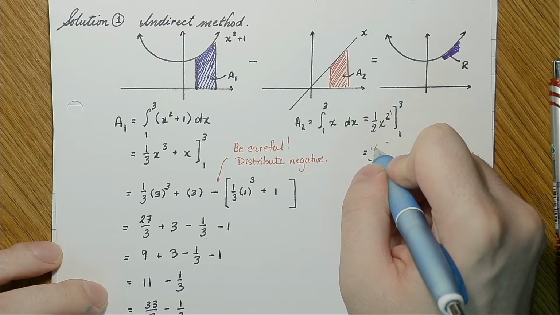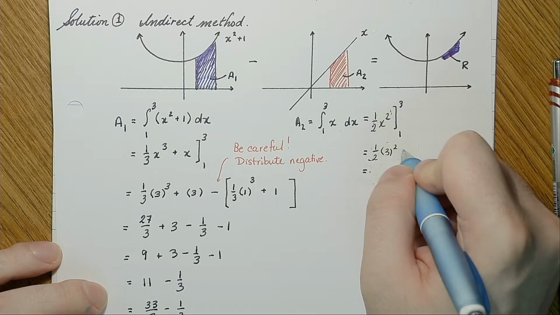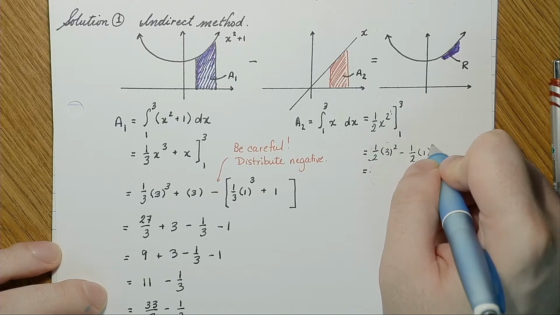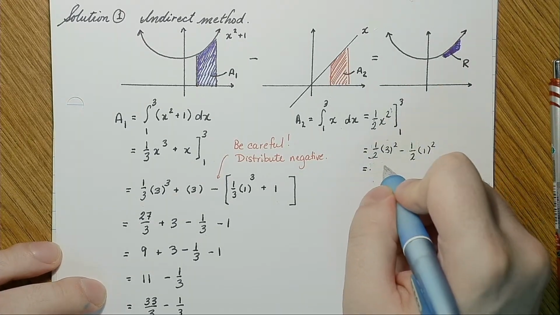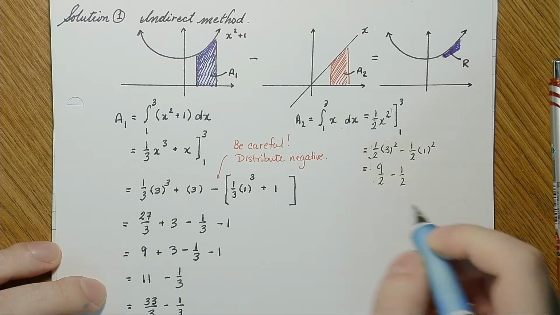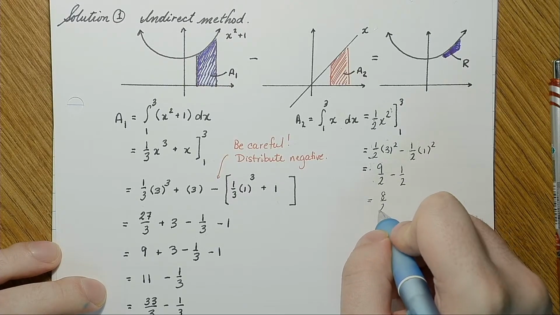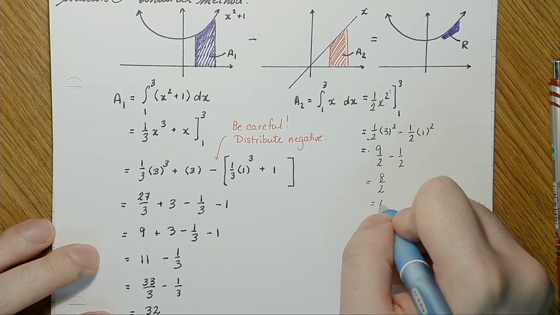Substituting that in, I get a half times 3 squared minus a half times 1 squared. So 3 squared is 9 over 2 minus a half. So I should get 8 halves, and 8 over 2 is 4.